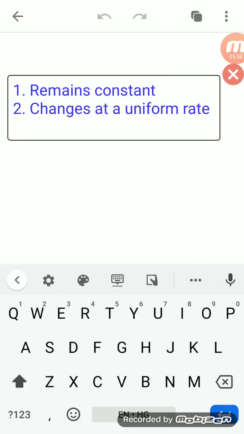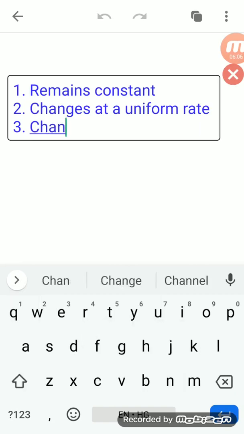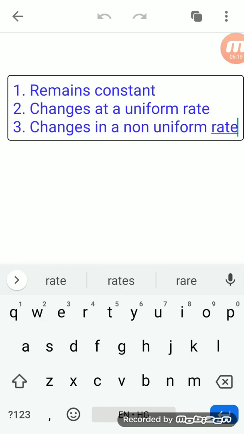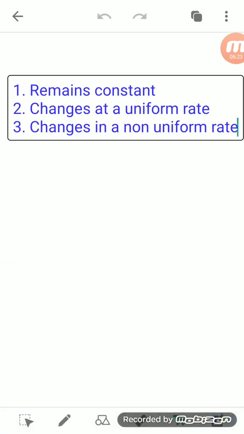So it changes, but at a uniform rate. And the third one is when the speed of the body changes at a non-uniform rate, or in a non-uniform way. So these are the three types of speed time graph for a moving body.